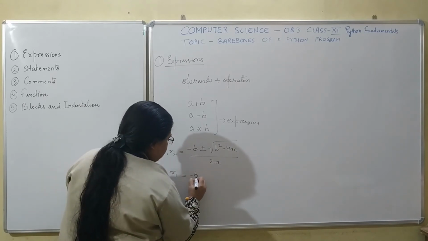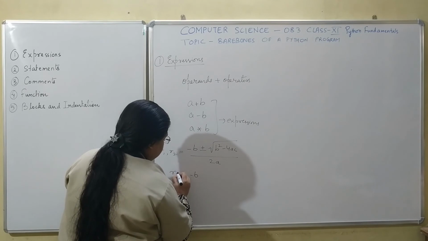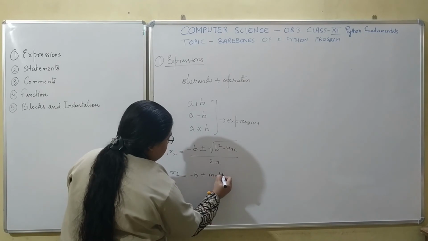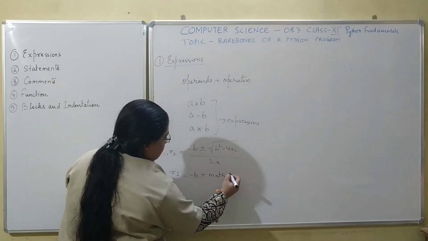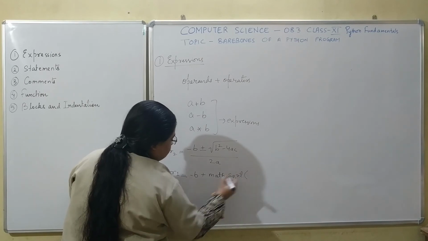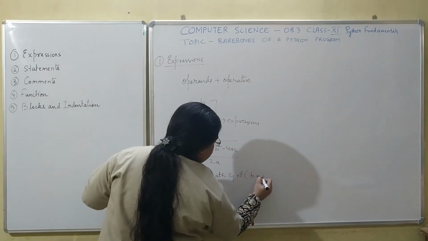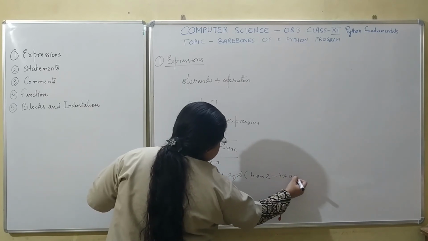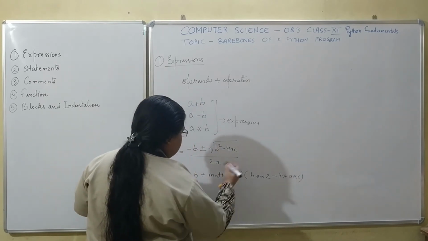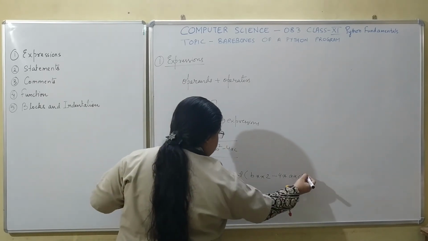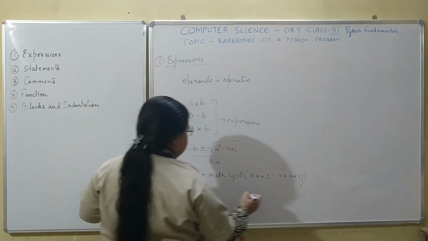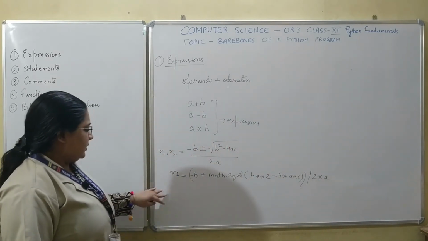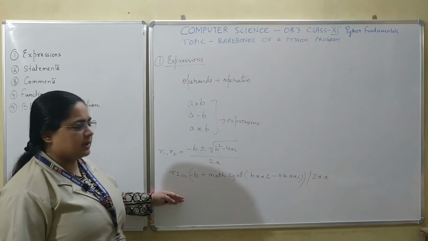So one expression would be R1 equals, plus math dot sqrt of b square, which is b raised to the power 2, minus 4 into a into c. This whole thing divided by 2 into a. So we will enclose this whole thing within brackets and divide this by 2 multiplied by a. So this is how we represent an expression in Python.